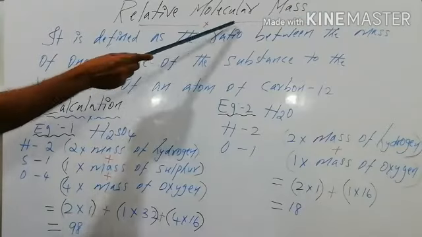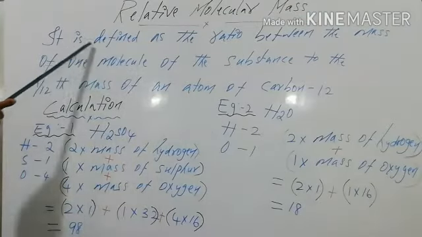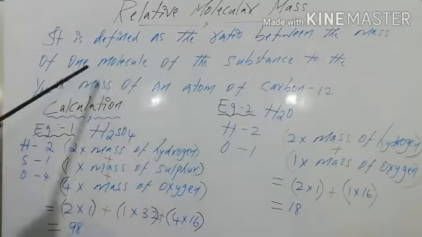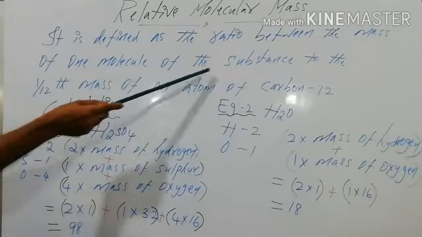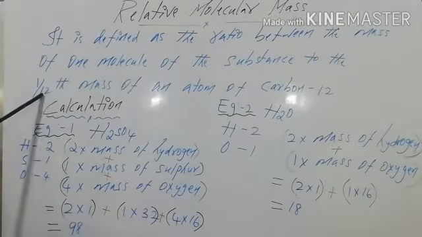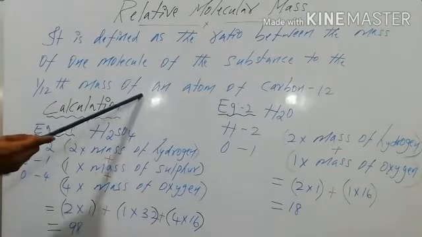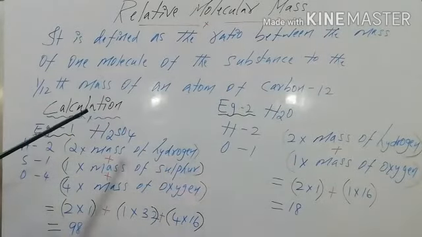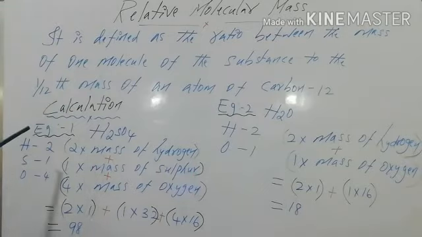Relative molecular mass is defined as the ratio between the mass of one molecule of the substance to 1 by 12th the mass of an atom of carbon 12. Now let us make a difference between relative molecular mass and relative atomic mass.